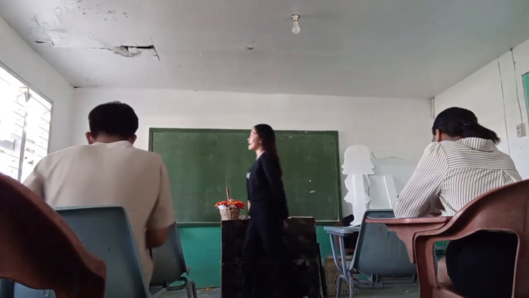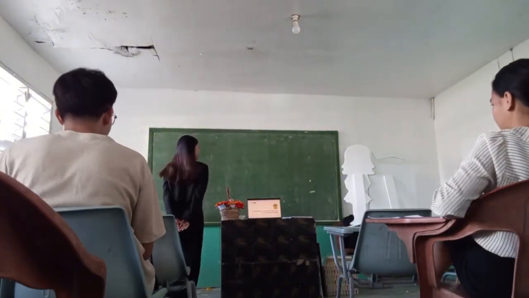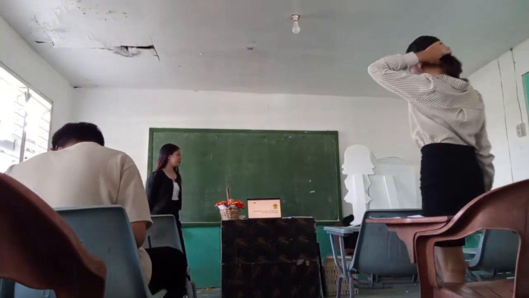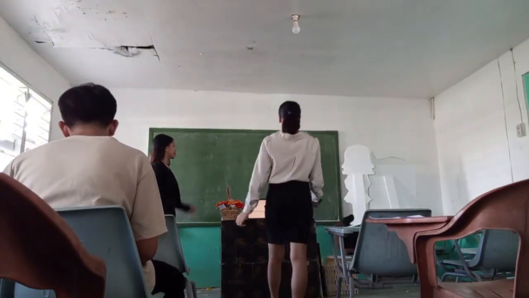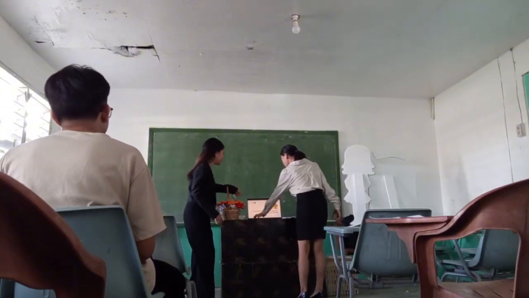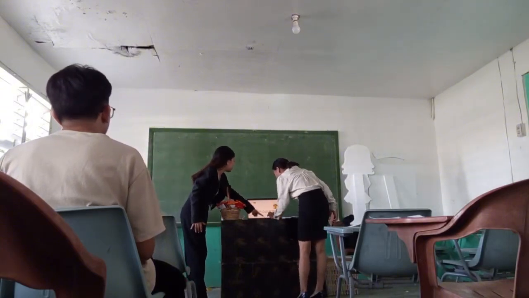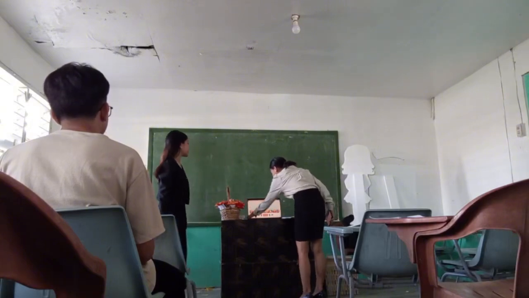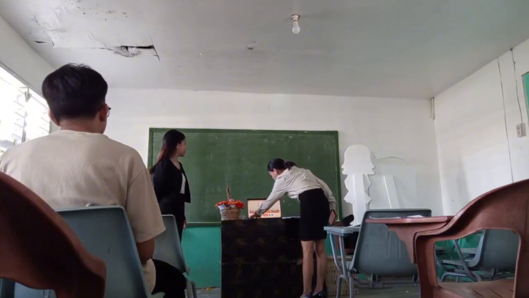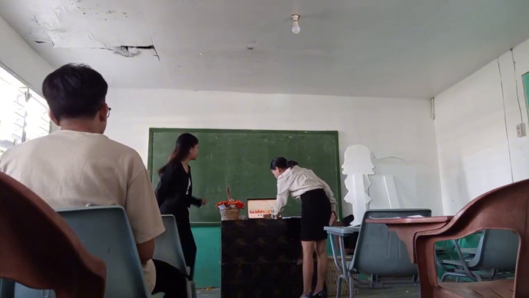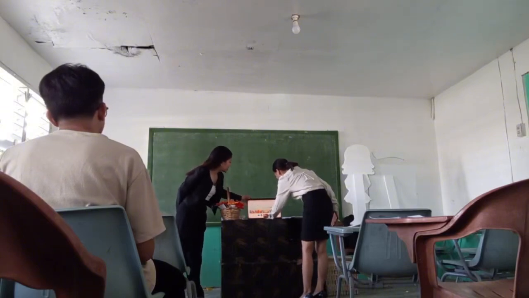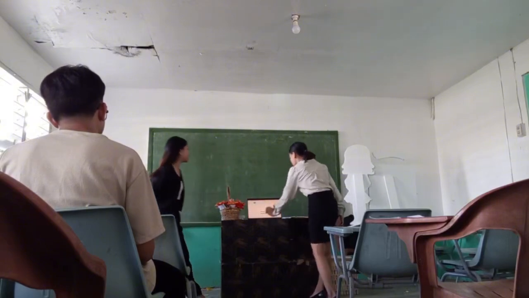And now for our next student who will give us an insight about our previous lesson, Miss Iris. Please come forward. Okay, just make this go down. Then you will now take your box. Read the question.